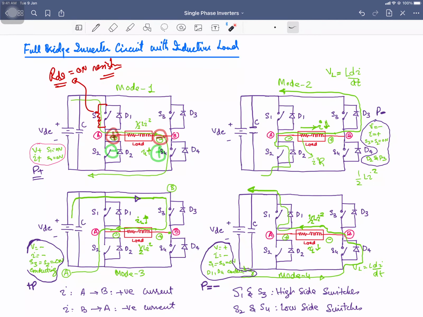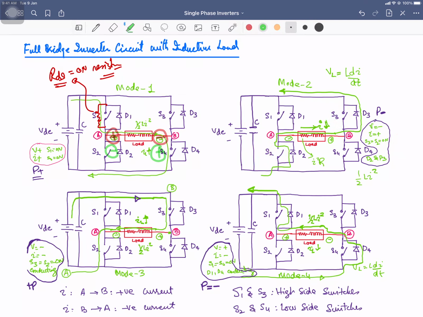But once you turn off the switches, the diodes turn on, so the direction of the current through the load is exactly same whatever over here, but the load voltage polarity is opposite with respect to this one, so we can say that that voltage has become negative, the current direction is same. When the switches S1 and S4 are turned off, and S3 and S2 are turned on, they are not conducting.